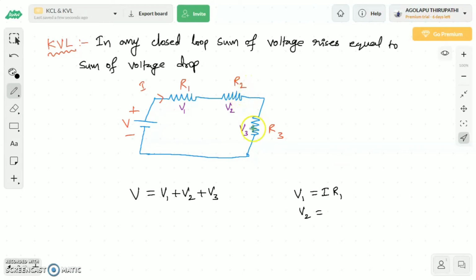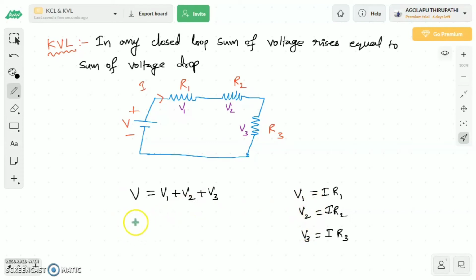So apply the Ohm's law here. From that we can write V2 is equal to I into R2. So similarly we can write V3 also. V3 is the voltage drop across third resistor, that we can write as I into R3. Okay. So now substitute these three values here.